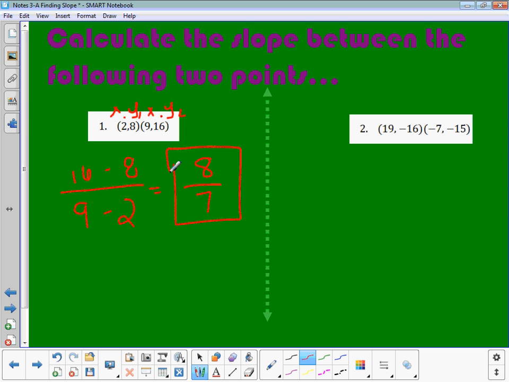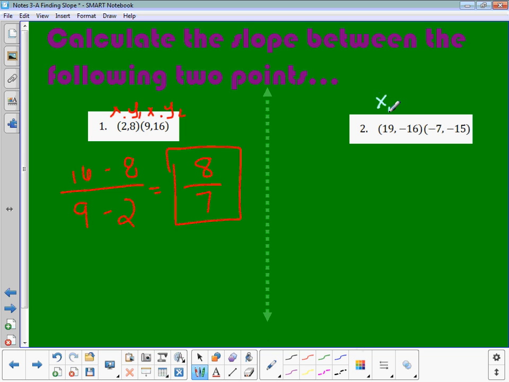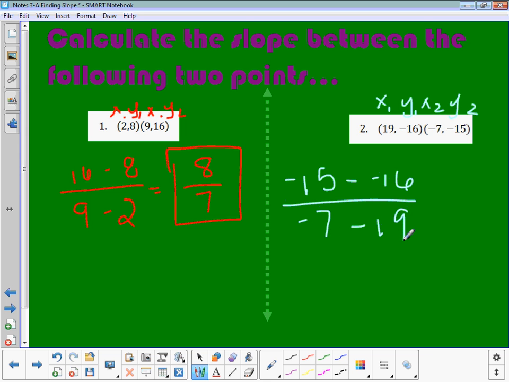Let's take a look at number 2. Let's go through and label our x1, y1, x2, y2. So we have y2 minus y1 over x2 minus x1.